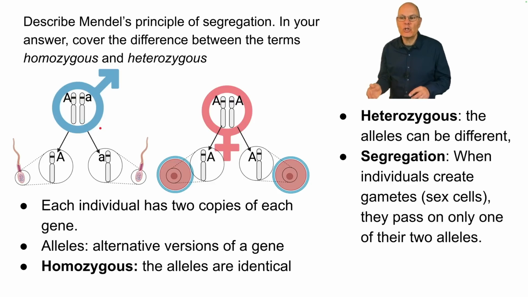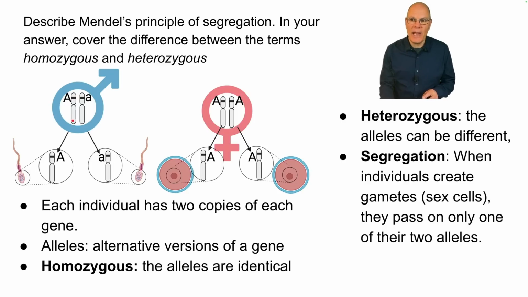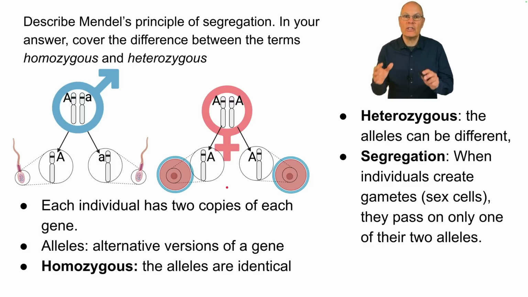When individuals create gametes, their sex cells, they pass on only one of their 2 alleles. So the alleles are together in the parent, but they become segregated or separated during gamete formation. Here that's happening in the formation of sperm. Here that's happening in the formation of eggs. If you feel that that corresponds to the events of meiosis, you're onto something, and we'll talk about that later.